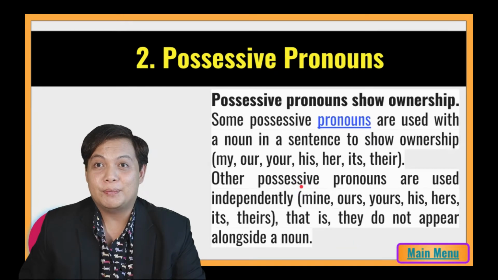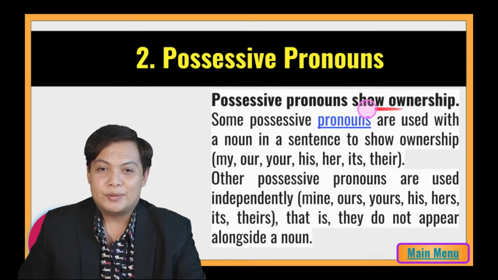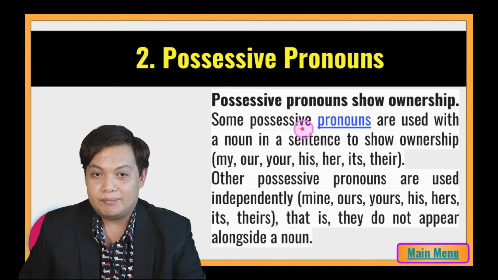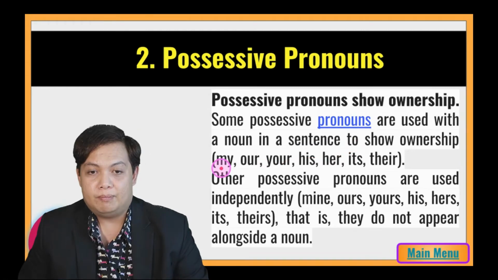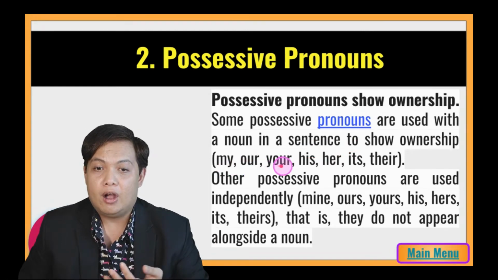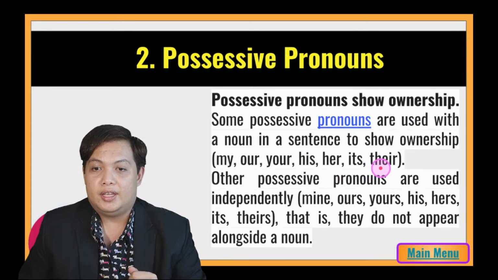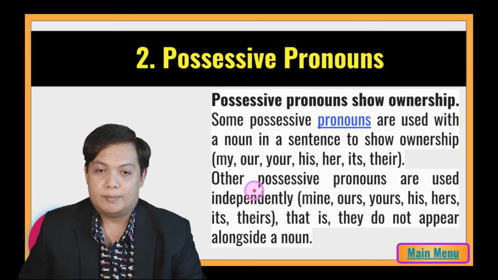Very good. Number two, possessive pronouns. Possessive pronouns show ownership. Some possessive pronouns are used with a noun in a sentence to show ownership, like my, our, your, his, her, its, their.